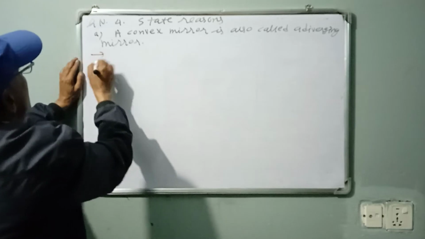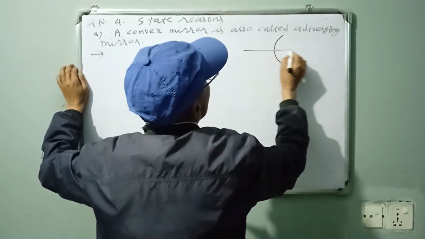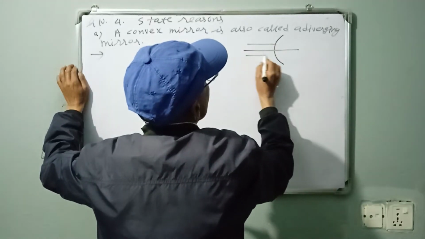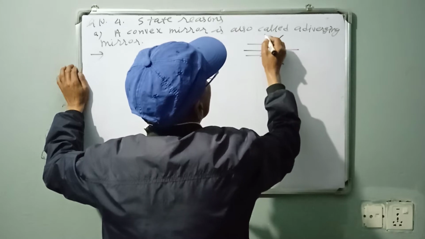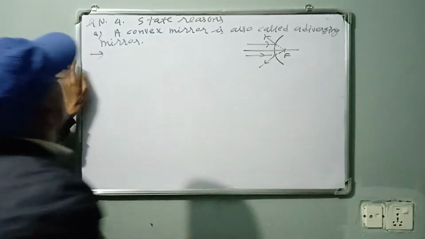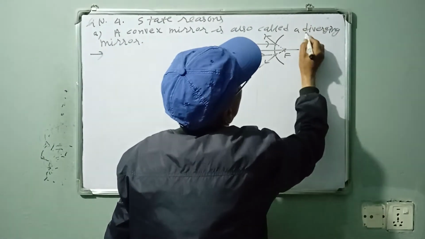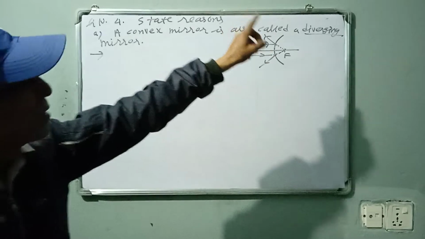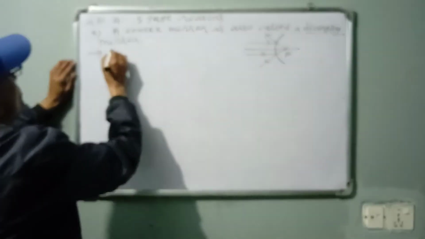Why? See, what is its function? It is called a diverging mirror because it diverges. Half of the answer is in the question.